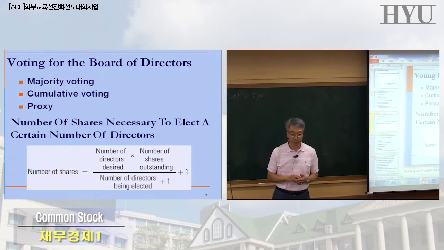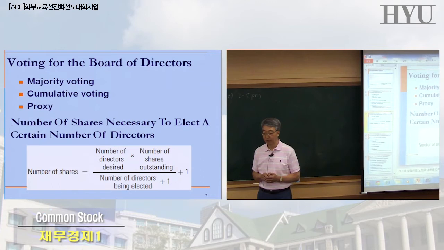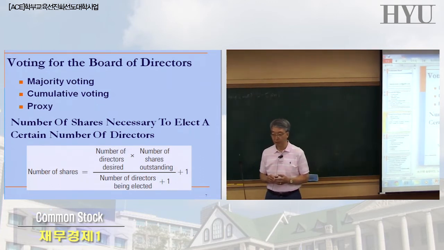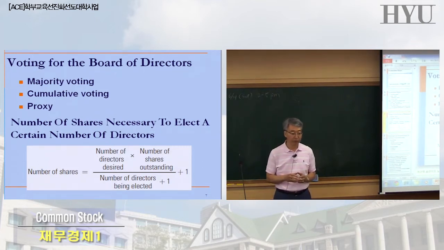And of course, the number of votes will be multiplied by the number of shares you own, because the number of votes you get will be proportional to the amount of shares you have in your company anyway.